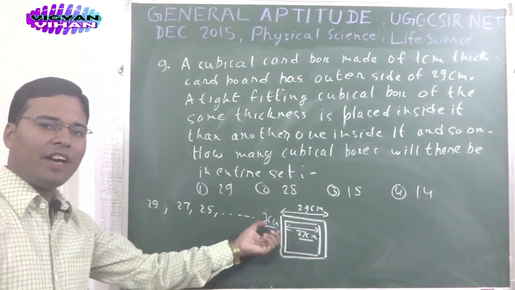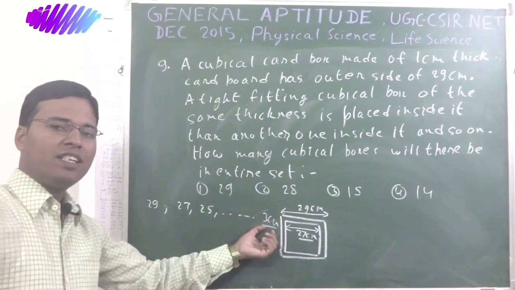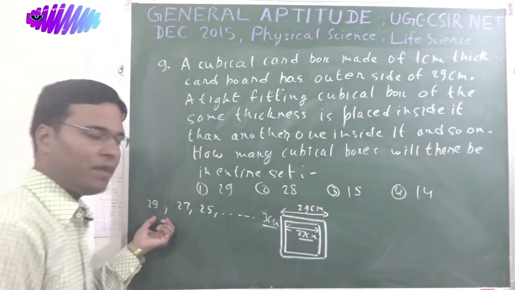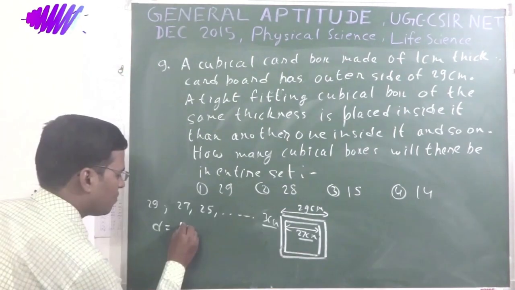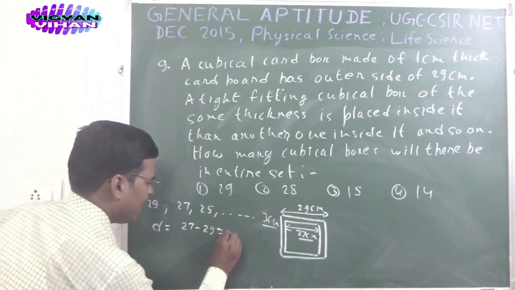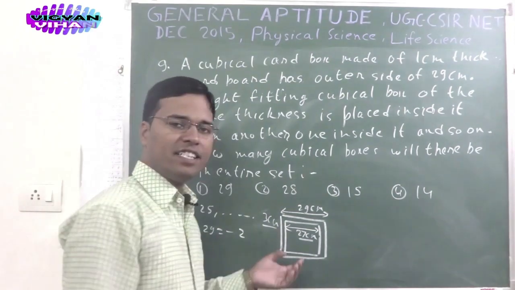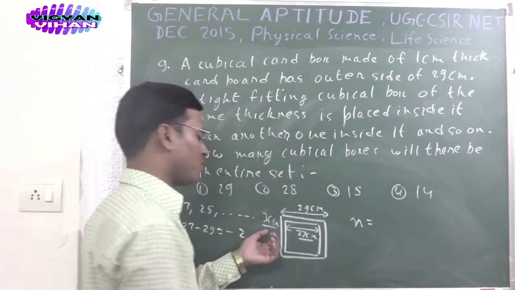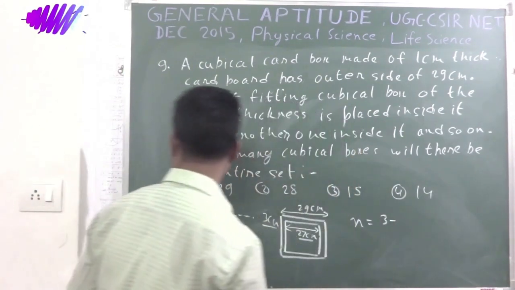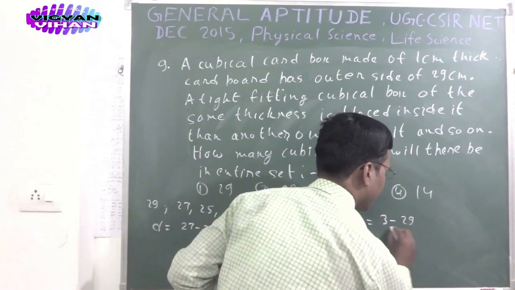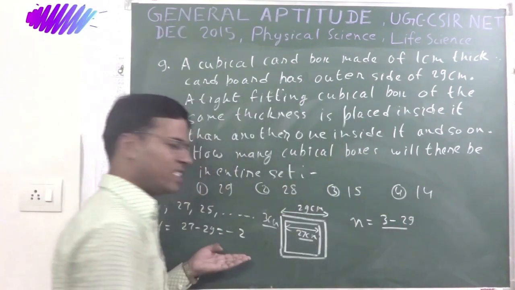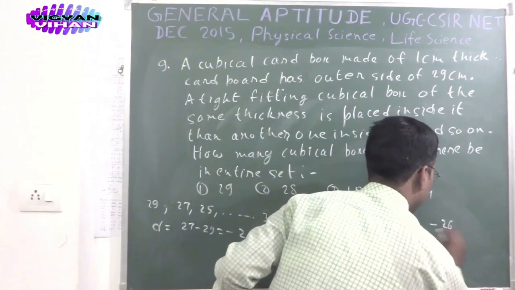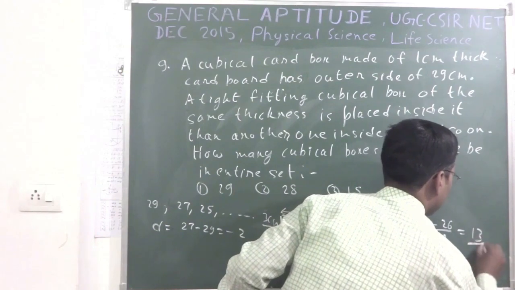So, if we want to get the number of terms in the series, we can calculate the common difference. d is 27 minus 29, that is minus 2, and the number of terms will be calculated like this: n equals the final term 3 minus the initial term 29, divided by the common difference minus 2, then it is minus 26 divided by minus 2, that is 13.